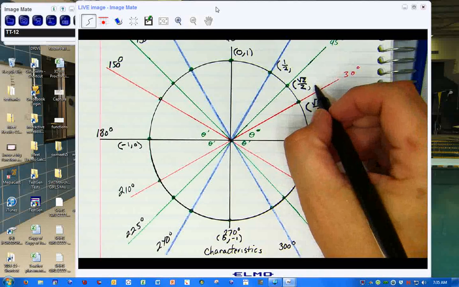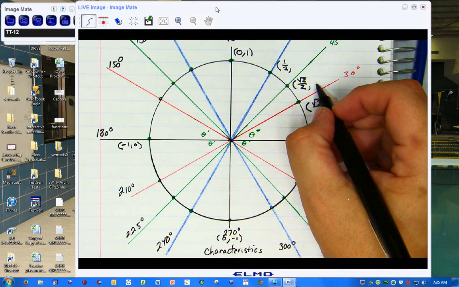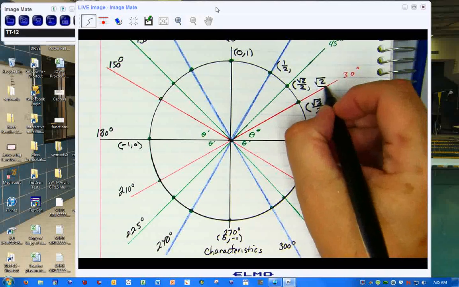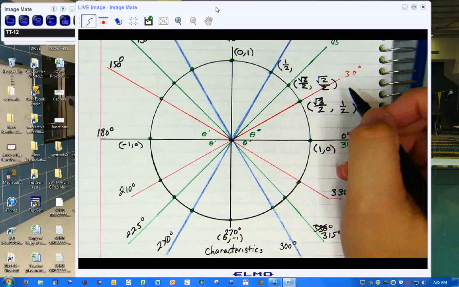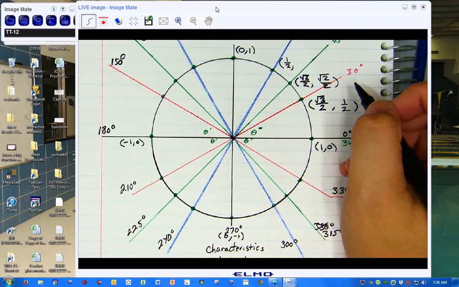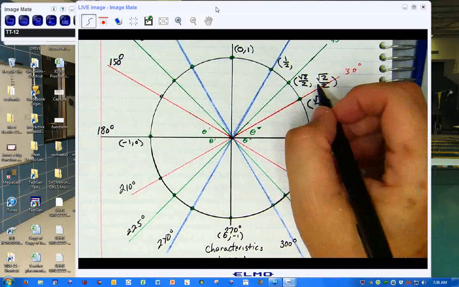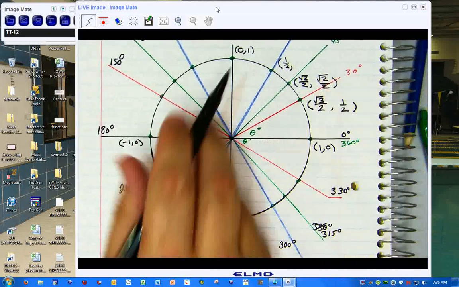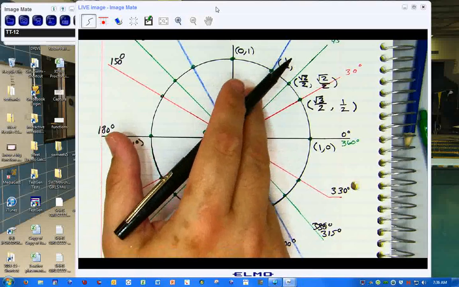Now, whenever you see square root of 2 over 2, the sine is going to be the same thing, square root of 2 over 2. That's the special, of all the special ones, that's the specialist. Because they're equal to each other. Numerically, they're equal to each other. So if I see square root of 1 over 2 now for 60 degrees, what's the sine of 60?